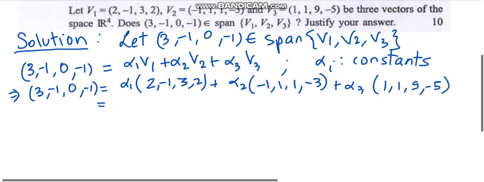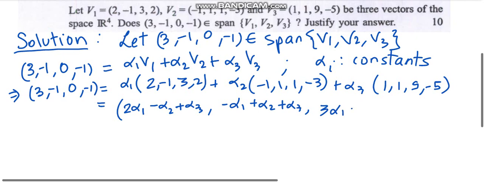Now this gives you that this is equal to (2 alpha 1 - alpha 2 + alpha 3, -alpha 1 + alpha 2 + alpha 3, 3 alpha 1 + alpha 2 + 9 alpha 3, and 2 alpha 1 - 3 alpha 2 - 5 alpha 3).